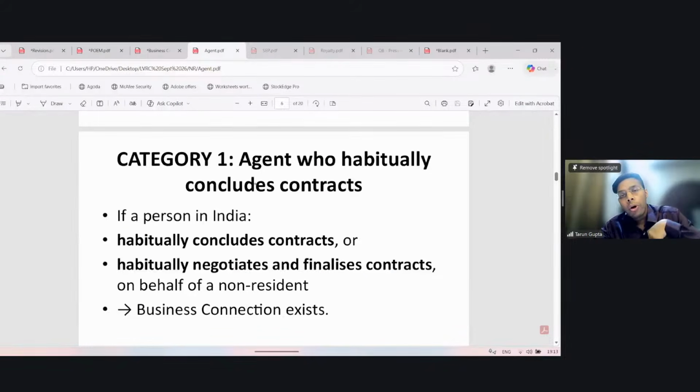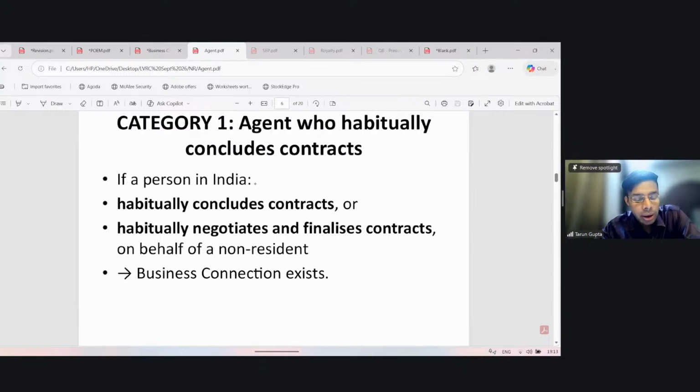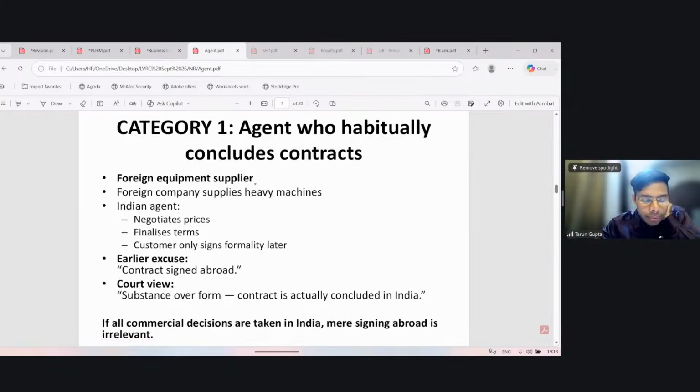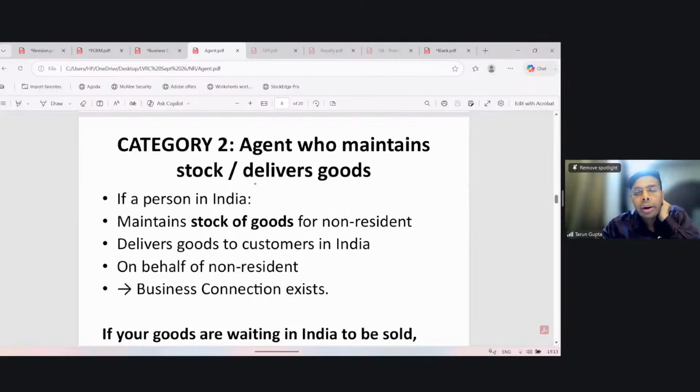Category one: the agent who habitually concludes contracts. If there's a person in India who habitually negotiates and finalizes contracts on behalf of the non-resident, then his activity will constitute the business connection. Or if an agent maintains stock of goods for the non-resident and delivers goods to customers in India on behalf of the non-resident, then there is a business connection.